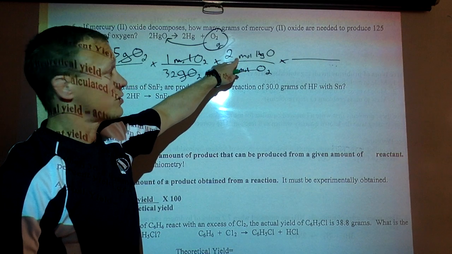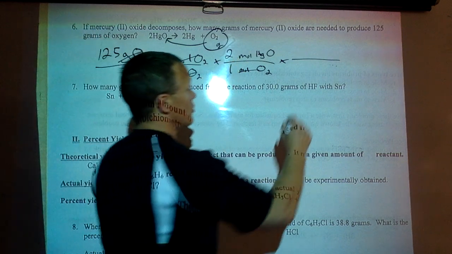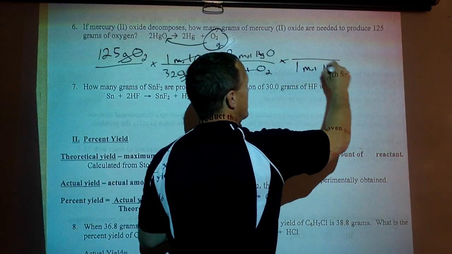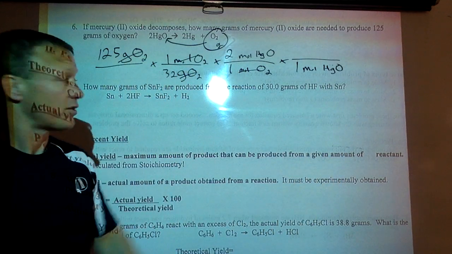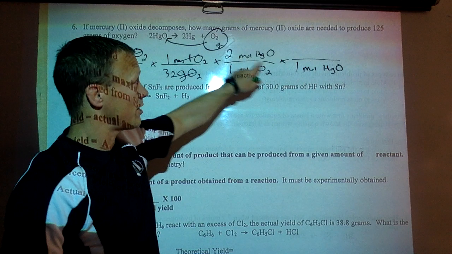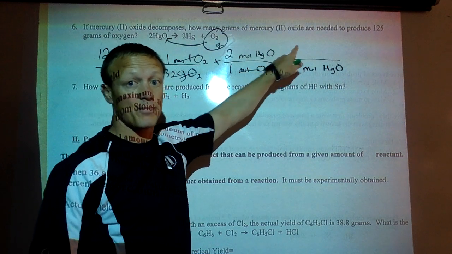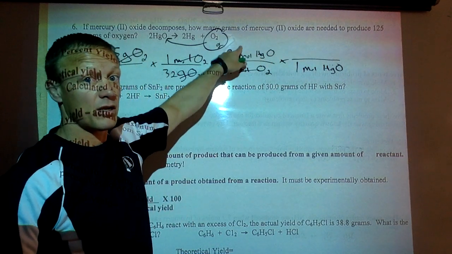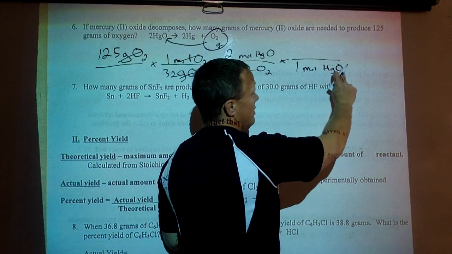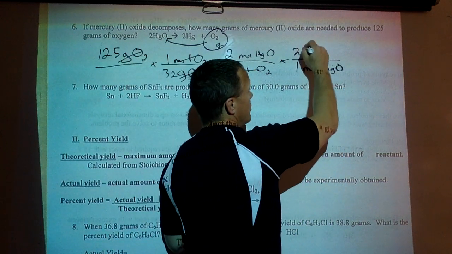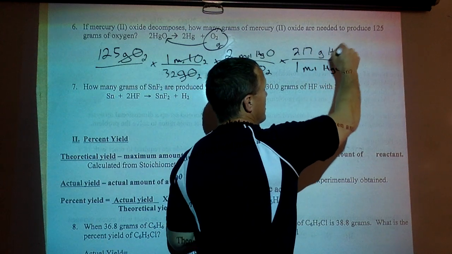Now we need to turn this into grams. When I'm doing this, I just do the mass of 1 mole of mercury oxide. If you're going to put a 2 down here, because there's a 2 right there, that means you have to double your mass up top. So the only time I use those coefficients is in the mole ratio step. So a mole of mercury oxide, 16 plus 201 is 217 grams.